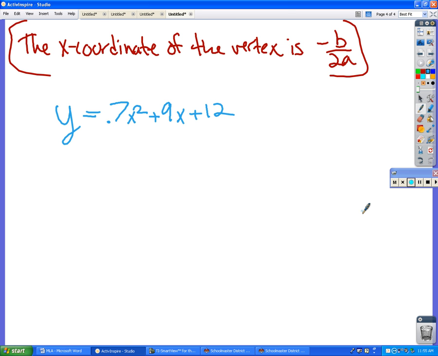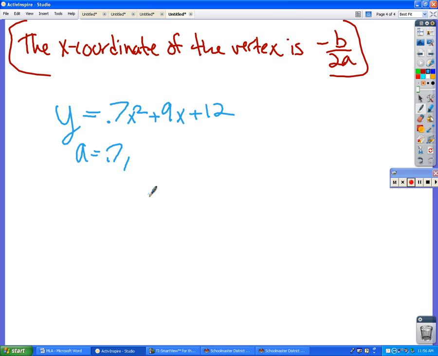Okay? So he says, let's take the parabola y equals 0.7x squared plus 9x plus 12 and figure out the x coordinate of the vertex. Okay? So in order to do that, and in order to do a lot of the things that we're going to do in the coming weeks, you need to be able to tell me what's A, what's B, and what's C. What's A? 0.7, because that's the number in front of the x squared.